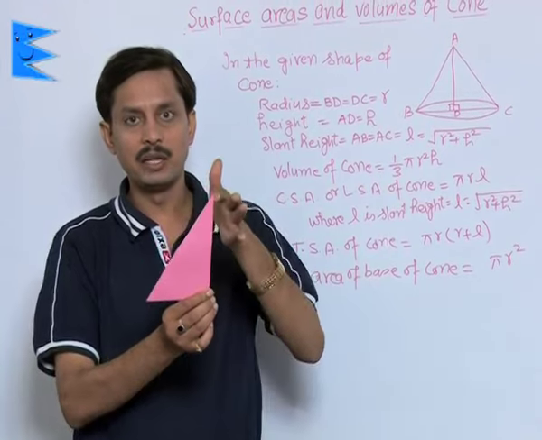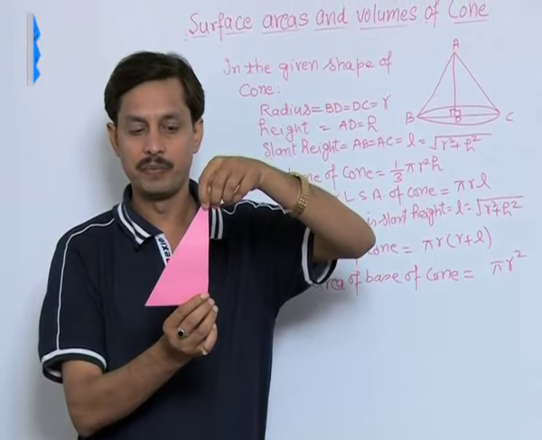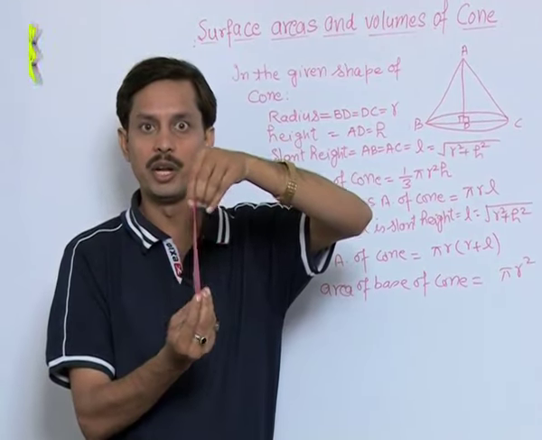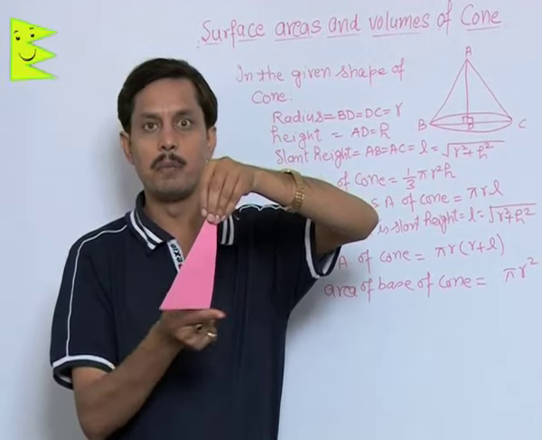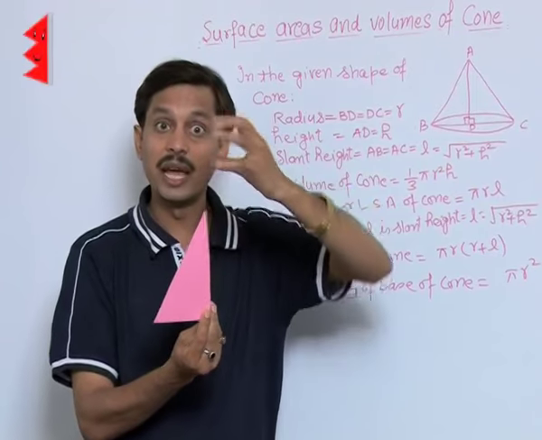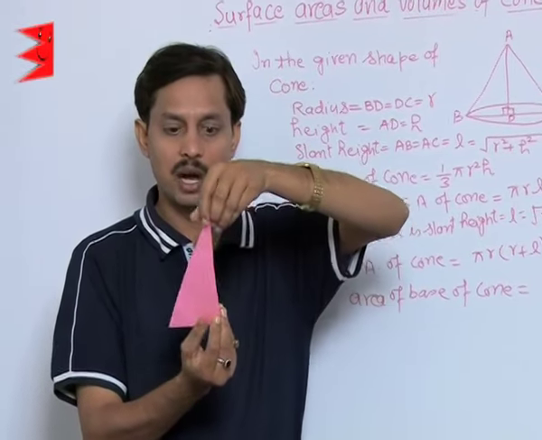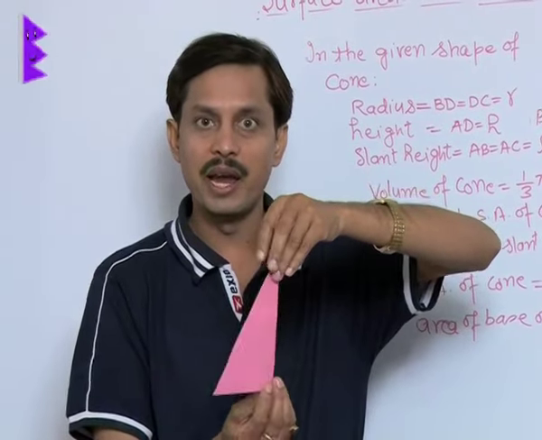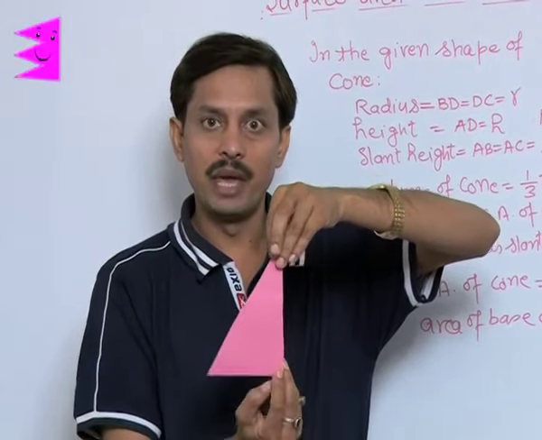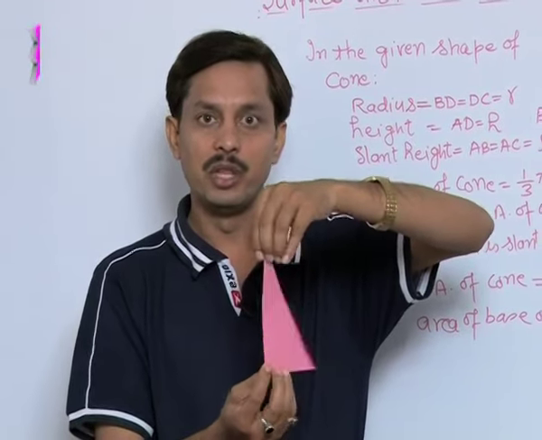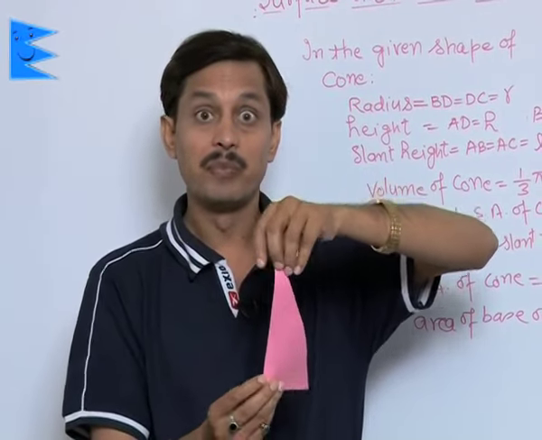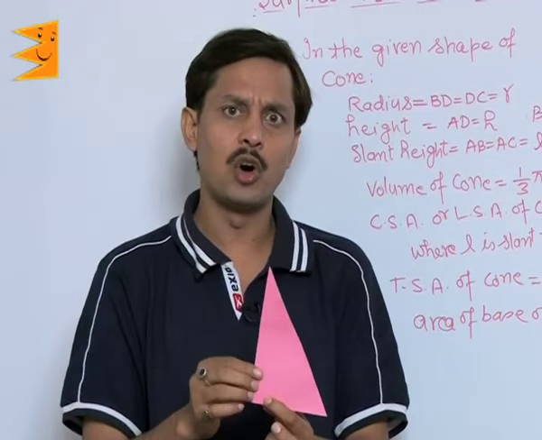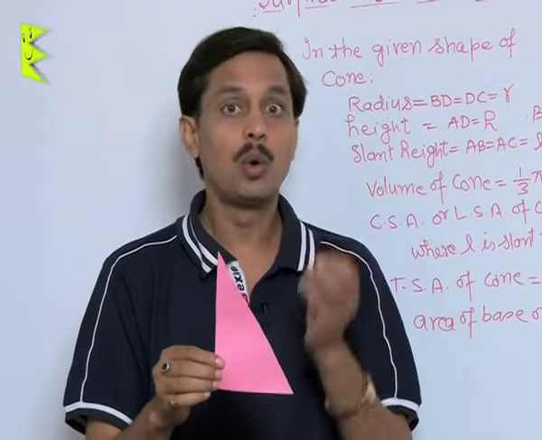If, by keeping this perpendicular fixed, this is revolved, rotated about its base, then you can imagine what amount of space is occupied by rotating it in space. The figure so formed will be a cone.